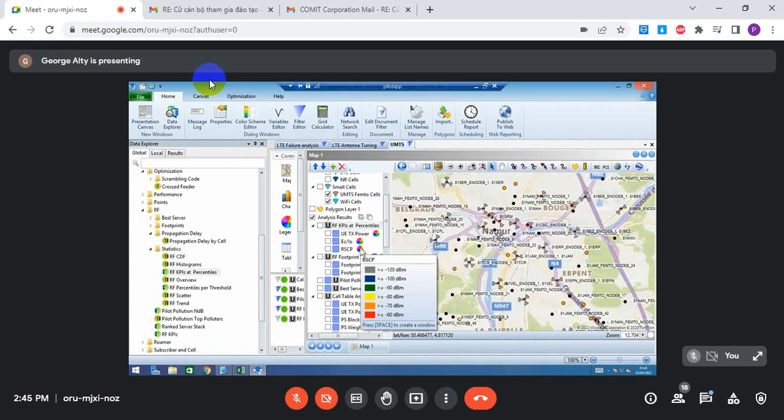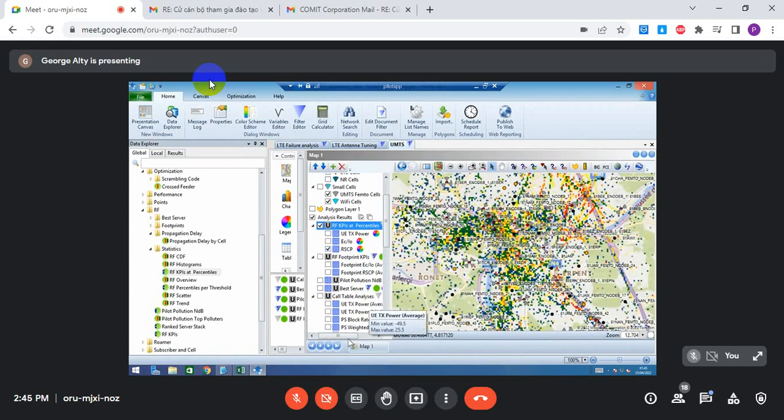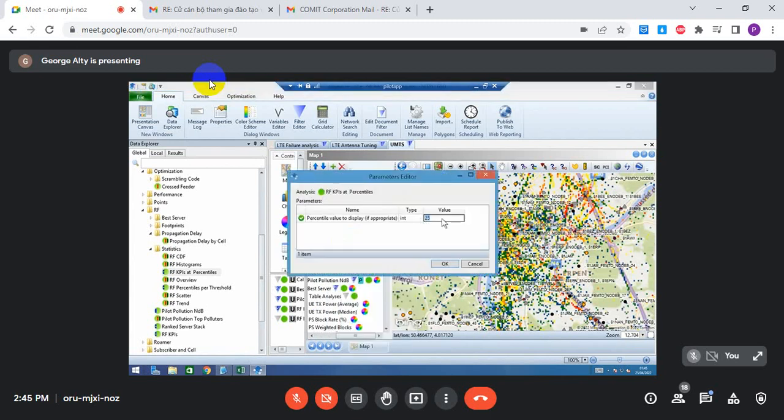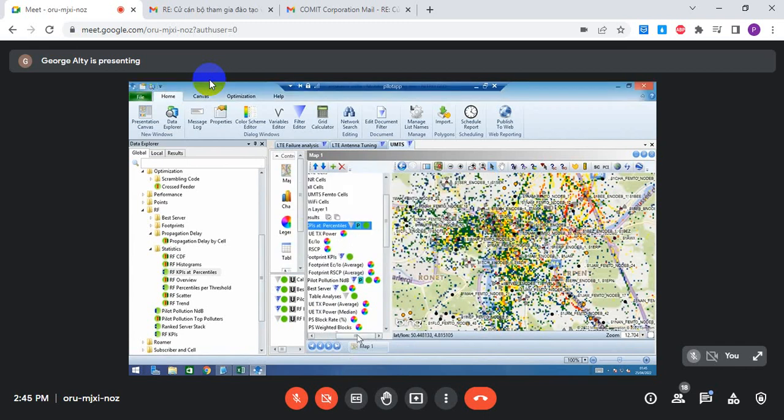Let me have those values. Percentile value, TXP. Okay, I don't know why that's not giving me an EC I0 value.